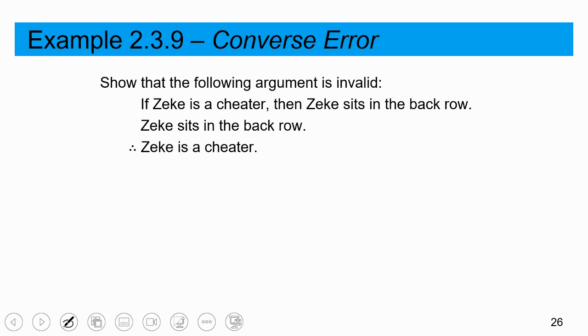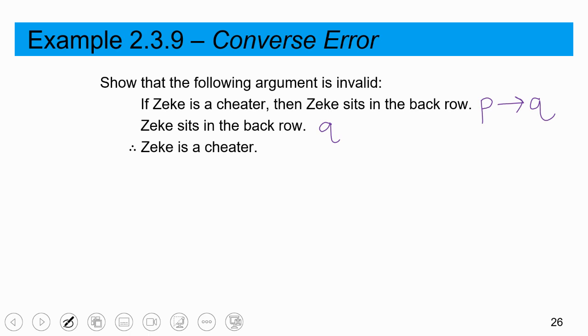If Zeke is a cheater, then Zeke sits in the back row. So Zeke being a cheater, we're going to let that represent P. Zeke sits in the back row is statement Q. Zeke sits in the back row. Now remember, that's Q. Now, if you look back at all of our argument forms that we have discussed so far that are valid, you will not find this.